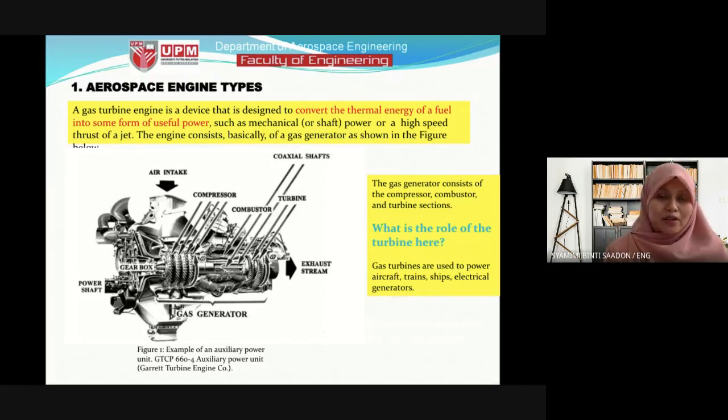Where does the thermal energy come from? It comes from the combustion process in the combustion chamber, where fuel is mixed with the oxygen, the air. It will explode, pembakaran, and the temperature and the pressure will increase. That is where the thermal energy comes from.